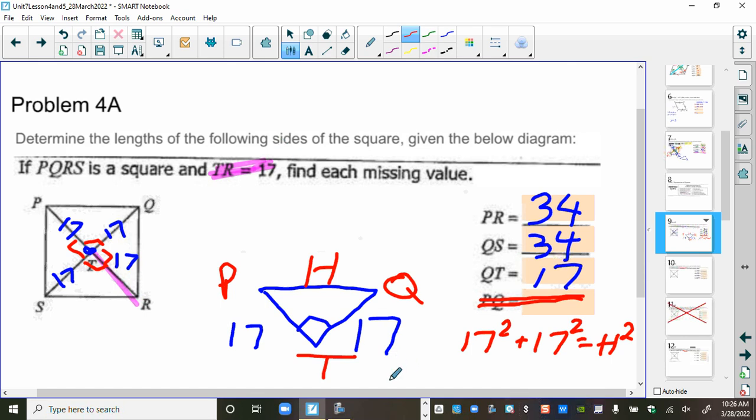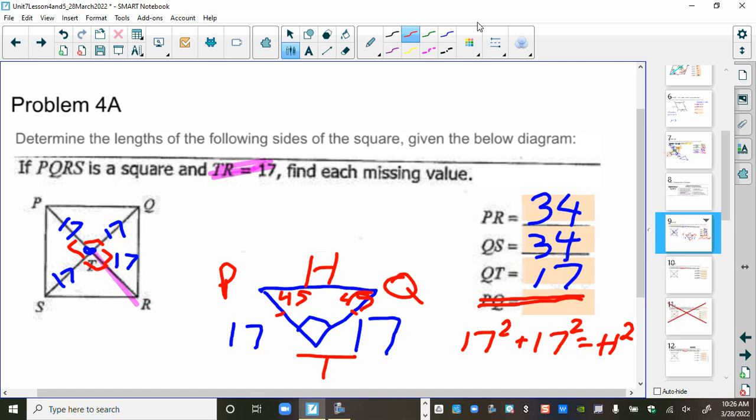And then also with the square, they said that this was 90. If these sides were congruent, then these two angles must also be congruent. So that would be a 45 and a 45. That's the only way it's going to work. And actually, if anybody remembered, if we have a 45, 45, 90, what can we multiply 17 by to get the hypotenuse?